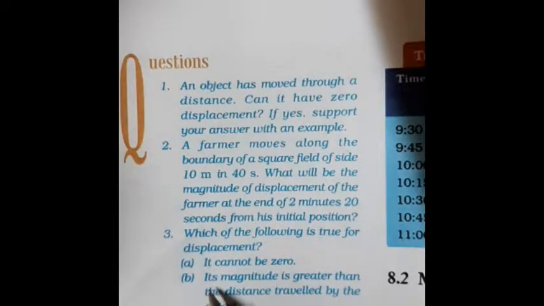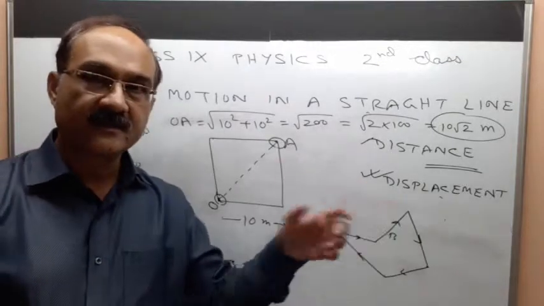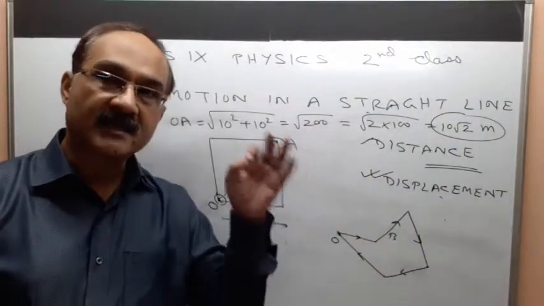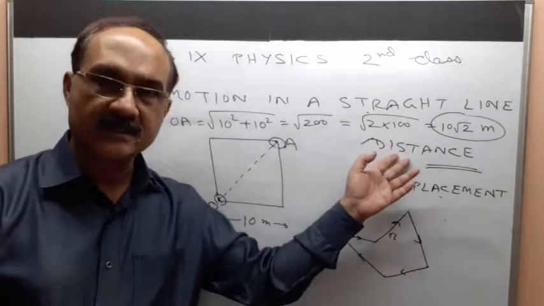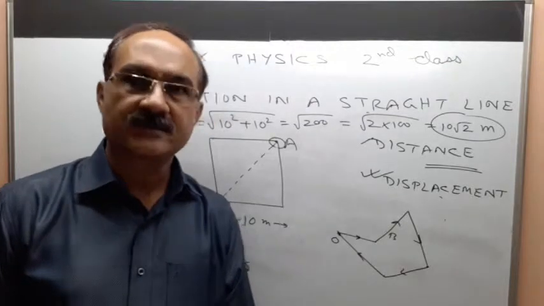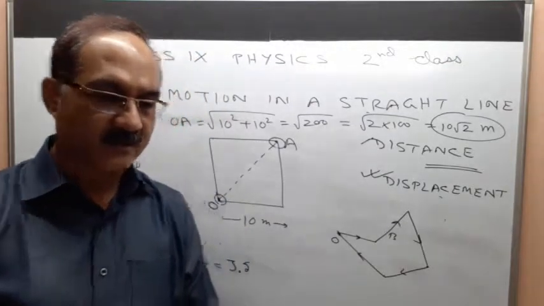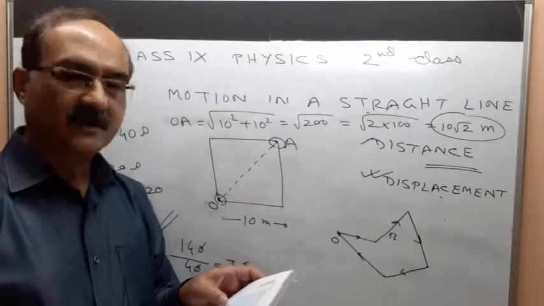B part of the question is, its magnitude is greater than the distance traveled by the object. I have explained before that displacement is always less than or at the most equal to distance. So its magnitude is greater than distance traveled. So it is false. So in this question, it is question number 3, B part is false.